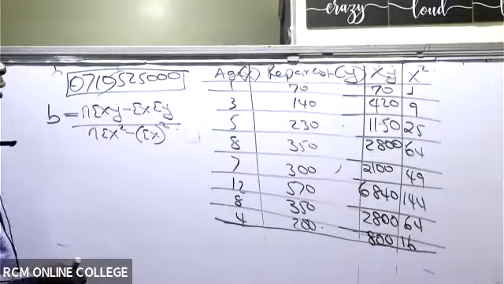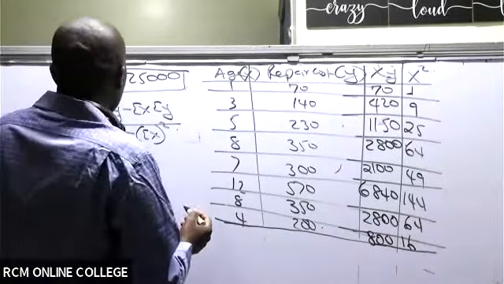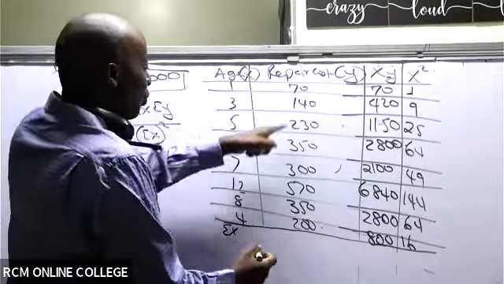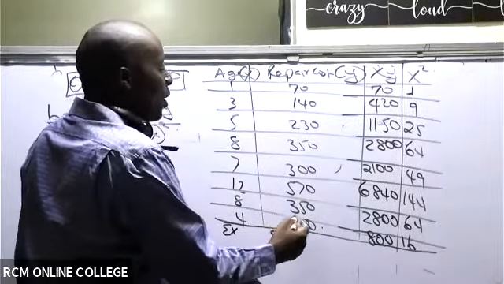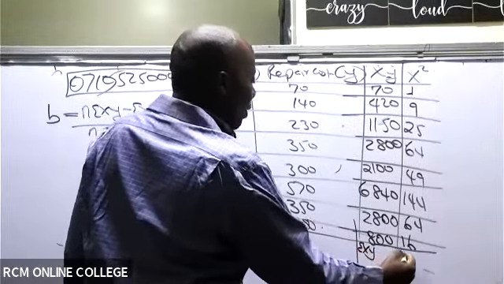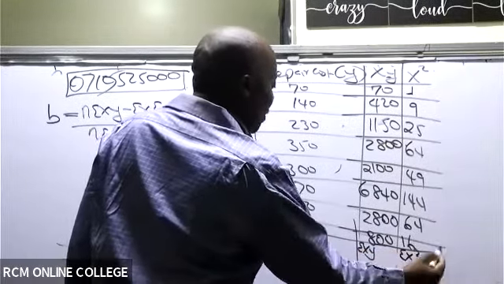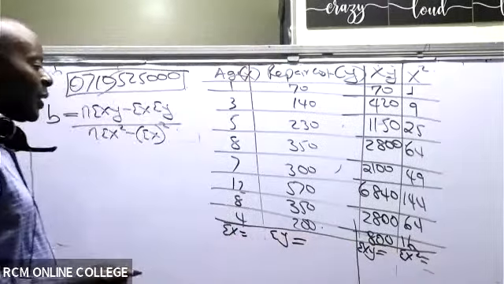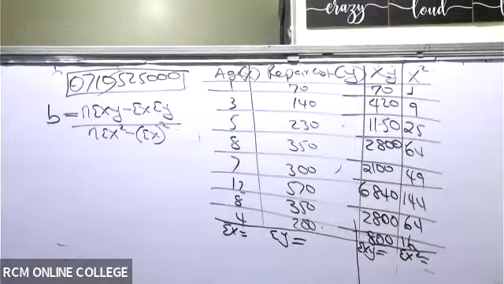So then we now need the summations. I would need the summation of x, the summation of y, the summation of xy, and lastly the summation of x squared. Let's start with sum of x.